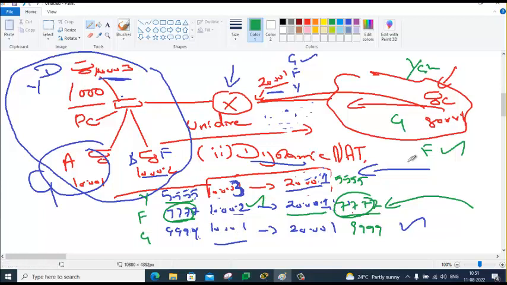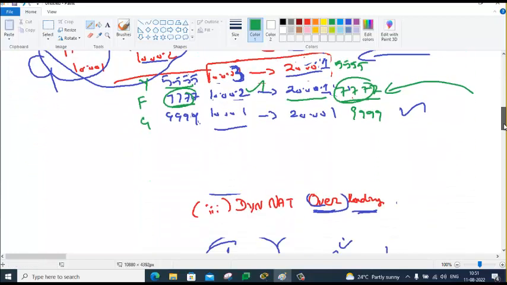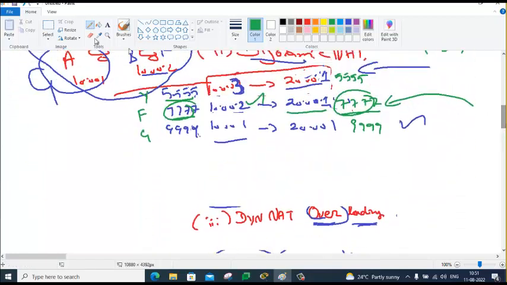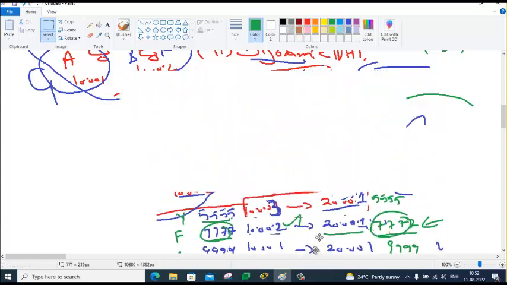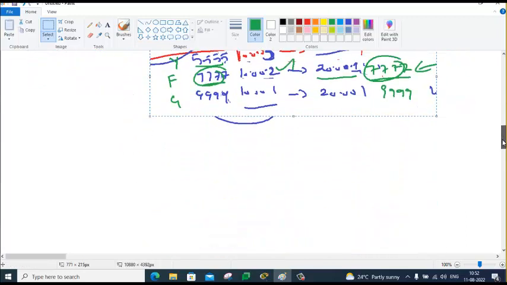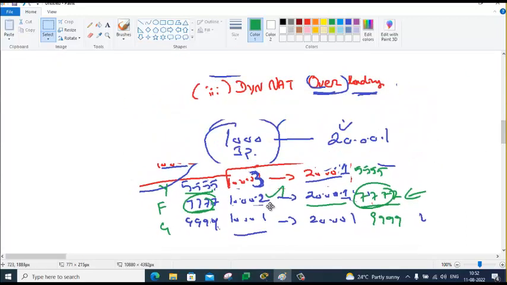Because the port number is involved, this dynamic NAT overloading is also called PAT. What is PAT? Port address translation.